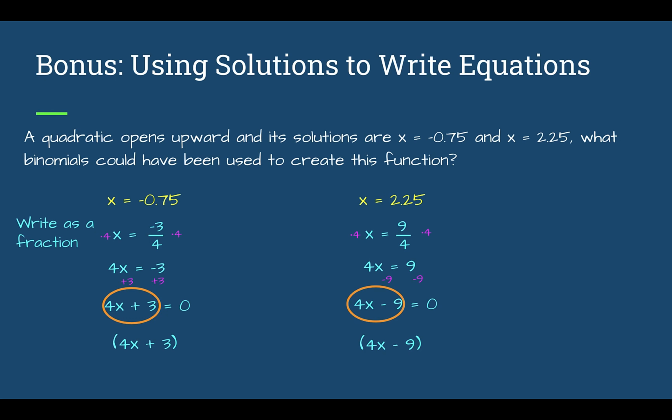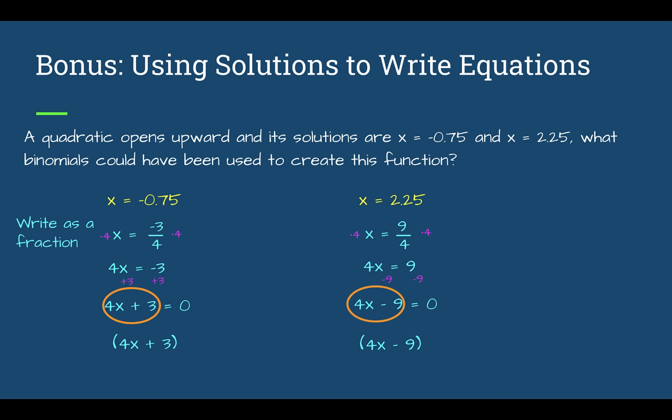One other important thing when you're actually writing an equation, you do need to take into consideration the a value. So notice here it said the quadratic opens upward. That's important.